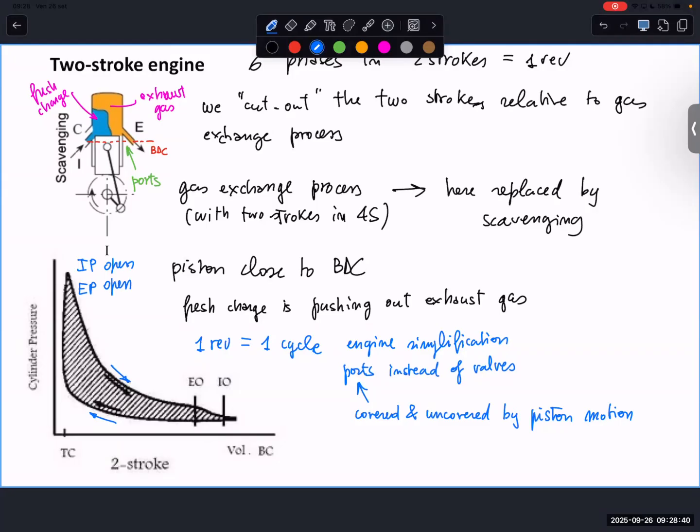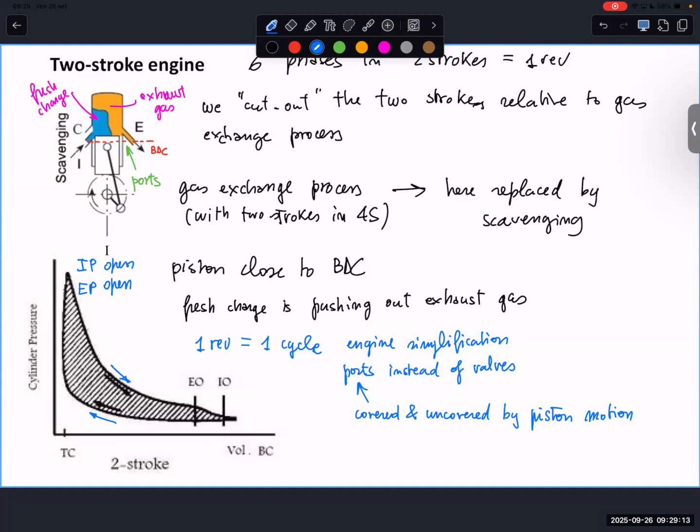We consider that the fresh charge is entering and is pushing out the exhaust gas, considering in an ideal world an imaginary surface that is separating the two. This is a real simplification because we are considering two gases. Air or air and fuel is the blue one, and the products of combustion is the orange one. So the two are mixing.